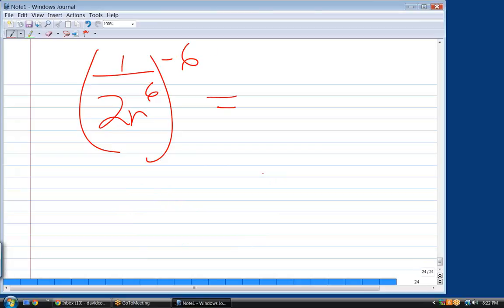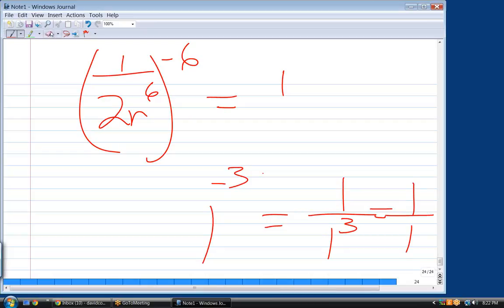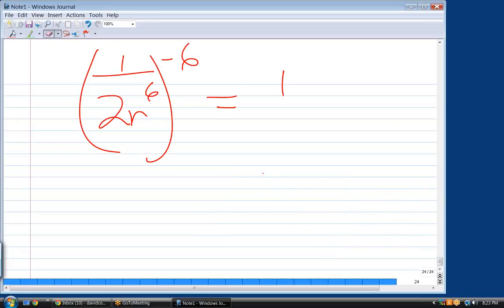What's 1 times 1? 1. What's 1 times 1 times 1? 1. Oh, it'd just be 1. Yeah. 1 to any number is 1, positive or negative. I could say 1 to the negative 3. That's still 1 over 1 to the 3, which is still 1 over 1. So it stays positive, even though it's an odd exponent. It's not like it's negative 1 to the third. So that's the numerator.